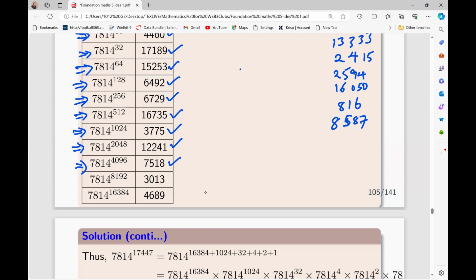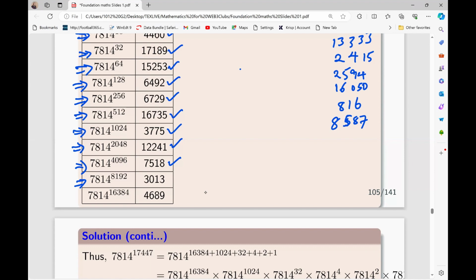Square that to get the next one. I'm getting 56,520,324 divided by our divisor, which is 17,449.